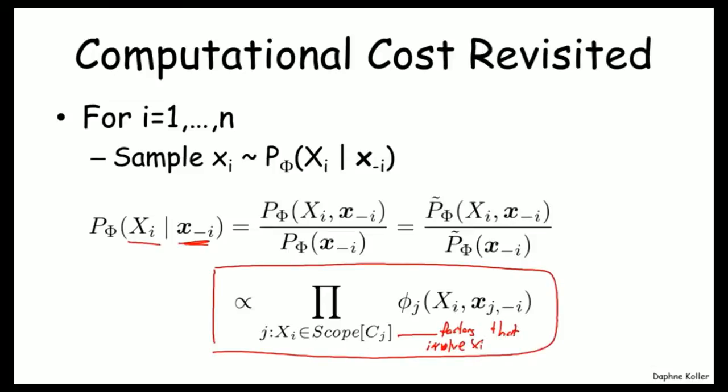Just the factors that have xi in its scope. Which means that I only care about xi and its neighbors in the graph, which for a large graph with tens of thousands of nodes can be a considerable savings. Okay? So only xi and its neighbors.